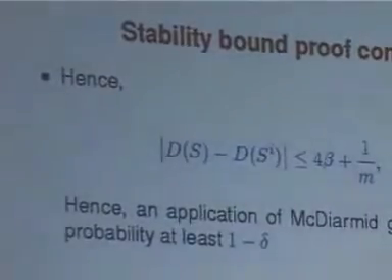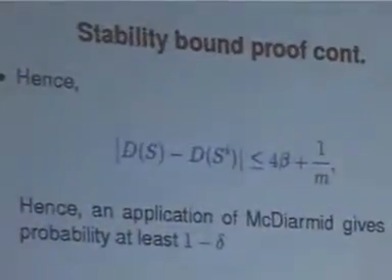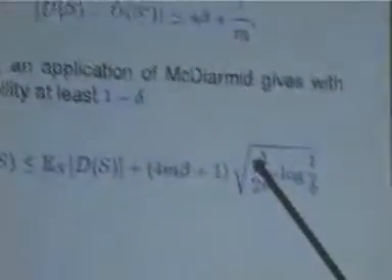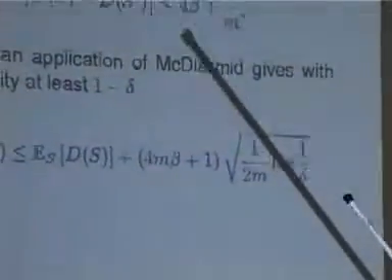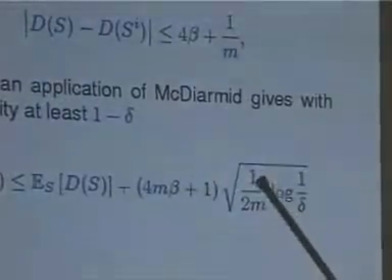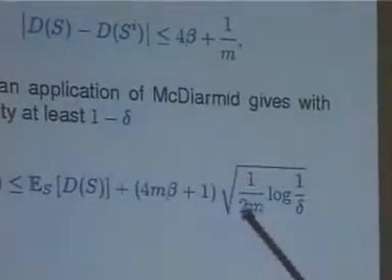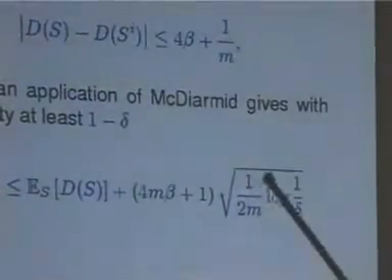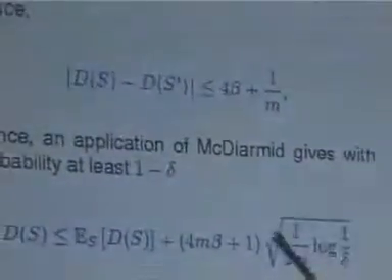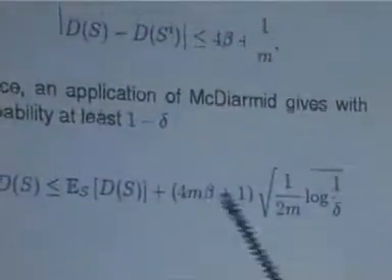There it is. There's the value of C I. And the sum of the C I squareds just gives it an M factor. So we get M times this squared. We can take that inside, make it M squared divided by M, take the M squared inside the square, and we get 4M beta plus 1, and then take the square out of the square root, and we get to that.